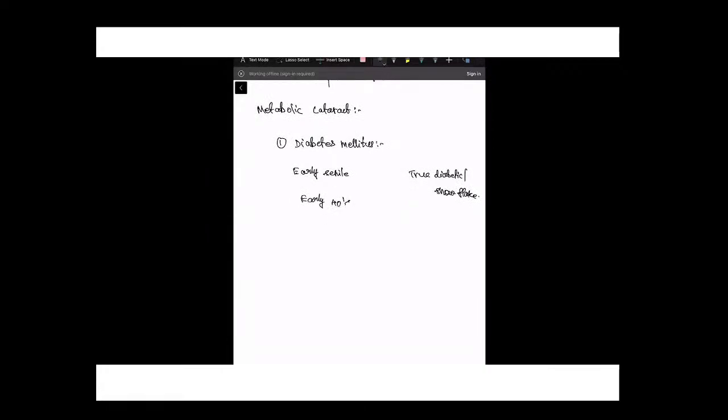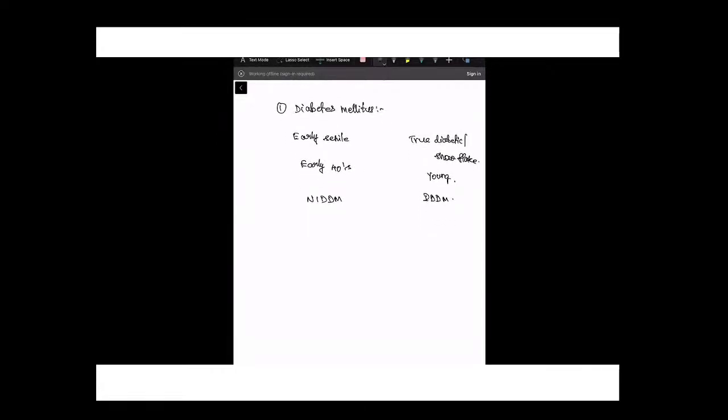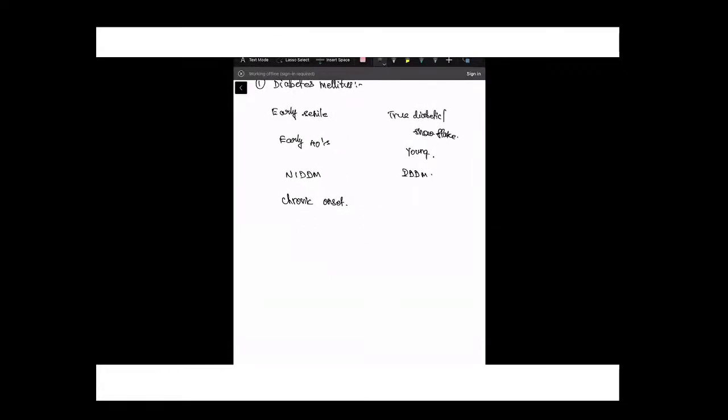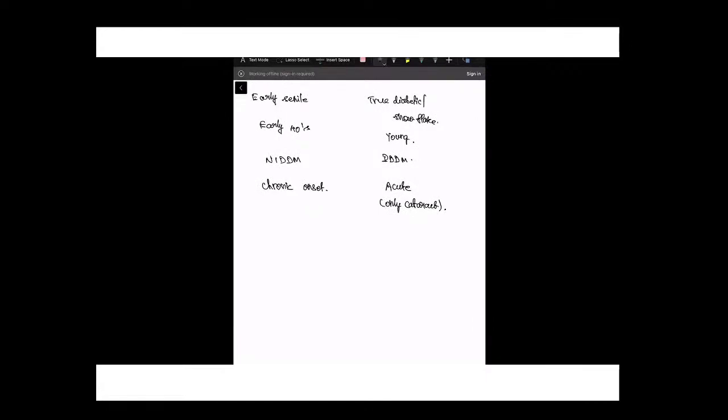Usually it is in the early 40s. Here it is seen in young persons. It is seen in non-insulin dependent diabetes mellitus, insulin dependent diabetes mellitus. This is chronic in onset. This is acute in onset. In fact, this is the only cataract with acute onset.